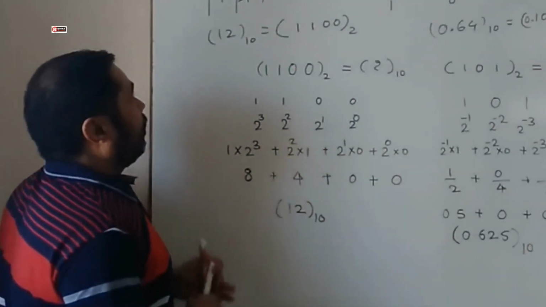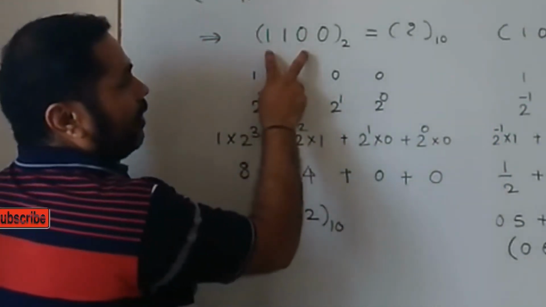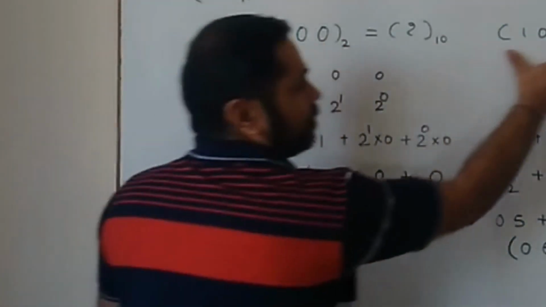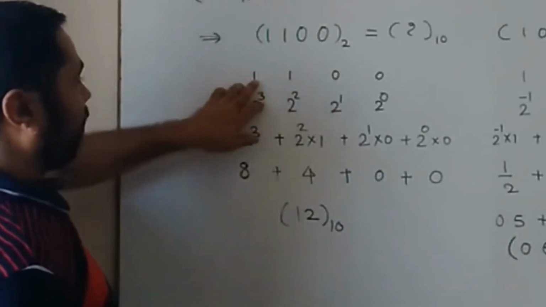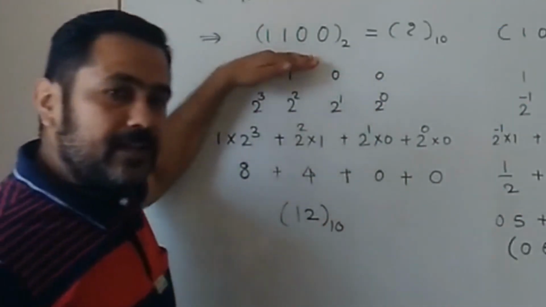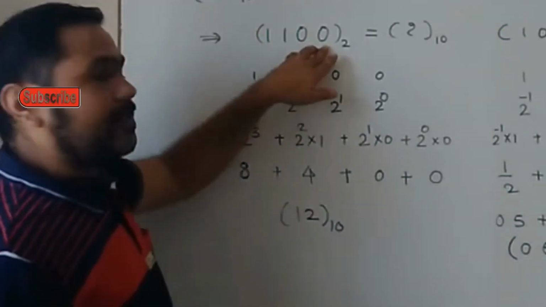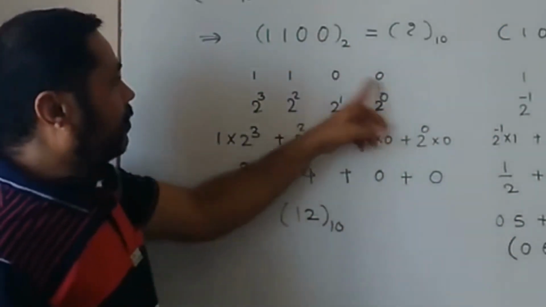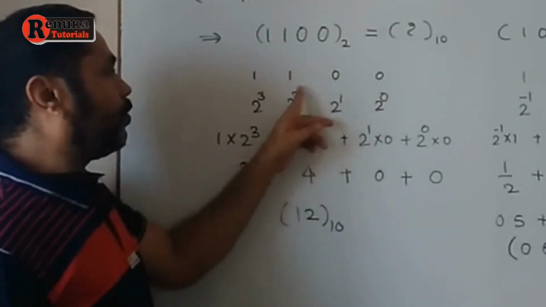Now the second thing, the reverse conversion. Let us take an example of a binary number that has to be converted into decimal. This is the integral part and this is the fractional part. For converting this binary number, we write it as 1100. Just as decimal numbers have weightage assigned to each place, binary numbers also have place values. The place value for the last bit is 2 raised to the power 0, then 2 raised to the power 1, 2 raised to the power 2, 2 raised to the power 3.